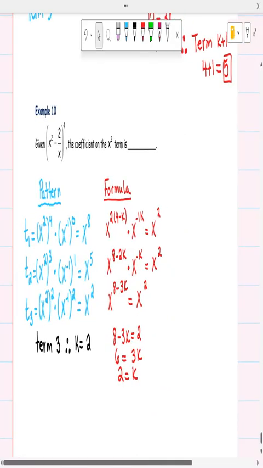What'd you guys get for k? Everybody get 2? People aren't quite finished yet? You still have to get the coefficient, but you can't get the coefficient until you get k.